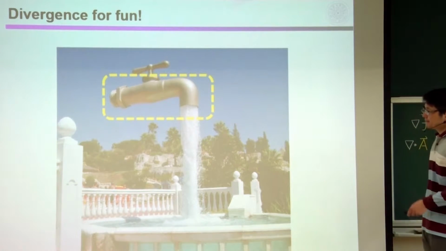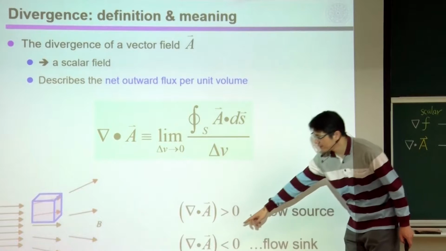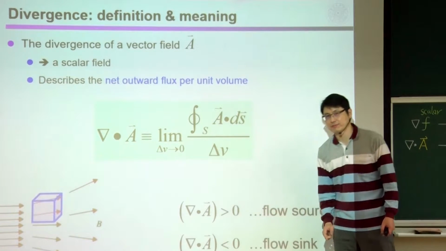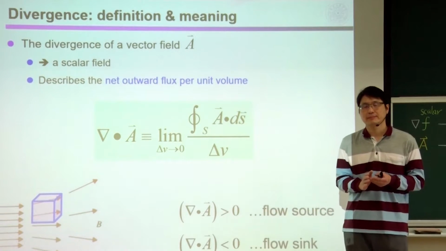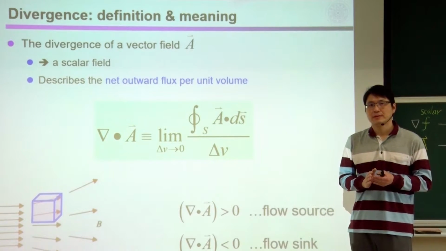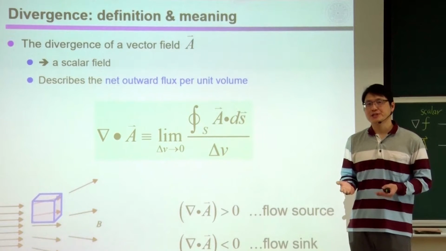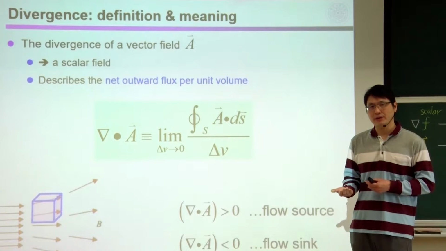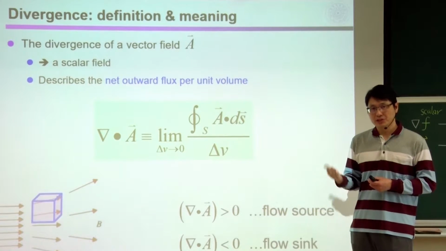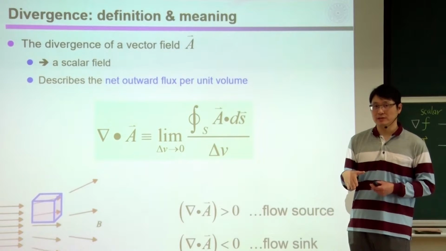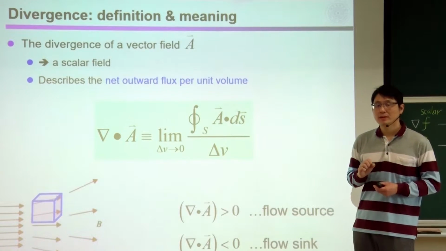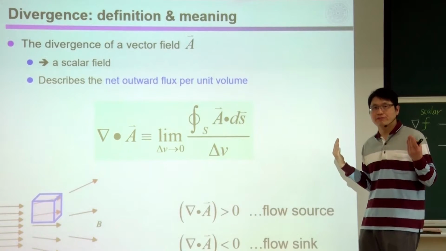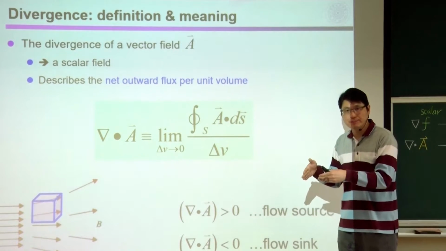But on the other hand, if the divergence of that vectorial field is negative, what does that mean? You perform the divergence on a vectorial field, but then you have a negative value. Scalar can be positive or negative. It doesn't matter. But if you have a negative value, it means water or field is flowing into it.